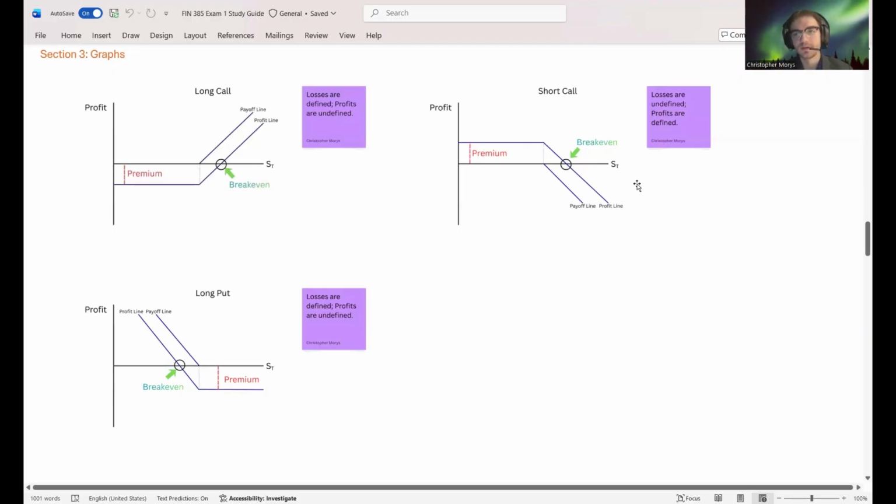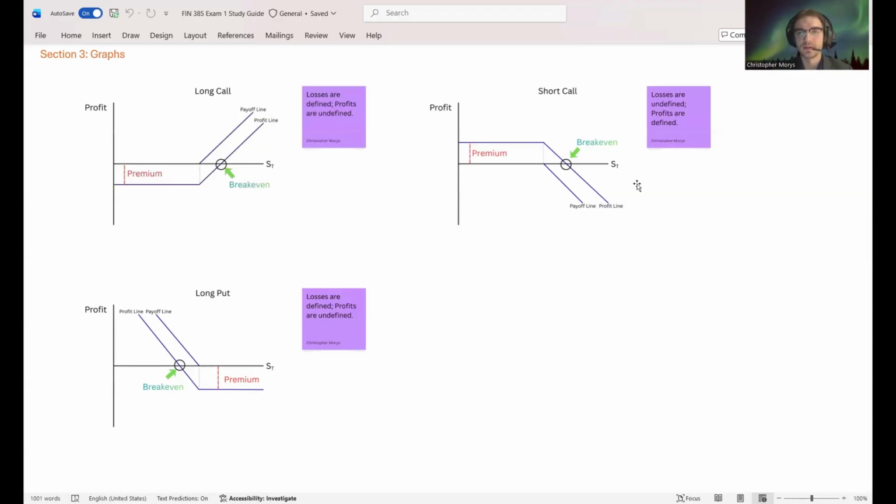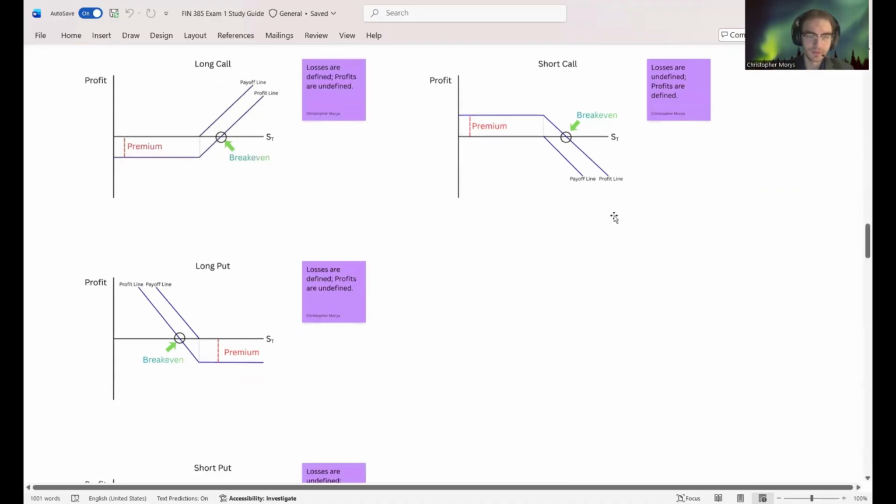And to reiterate once again, losses are undefined because the underlying stock price can, in theory, go up and up forever. There's no cap on a stock price on the stock exchange. It just actually has to happen. It's not guaranteed.